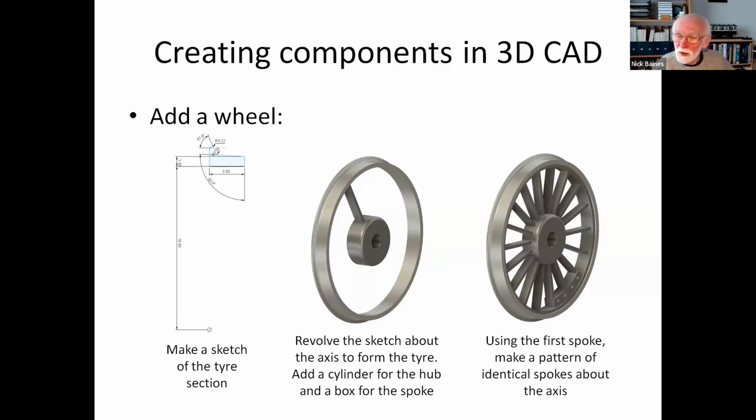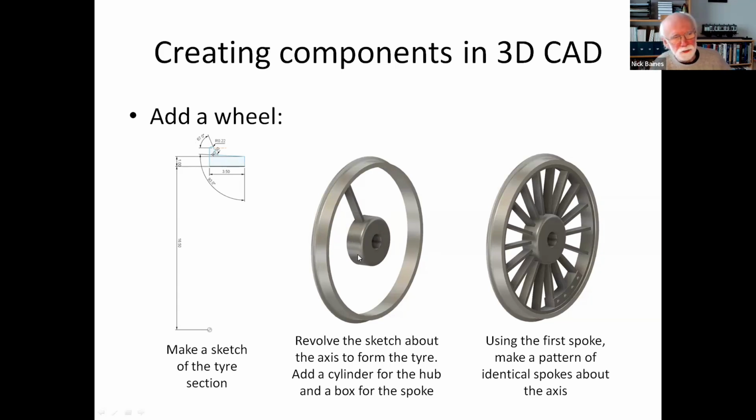And if you want to know what they are, then have a hunt through the Guild's knowledge base and you will find all of those dimensions available to you. And you can do a scale drawing like that, which this particular software package calls a sketch. And then you take that sketch and you tell it to revolve 360 degrees about a defined axis, and that creates the tire.